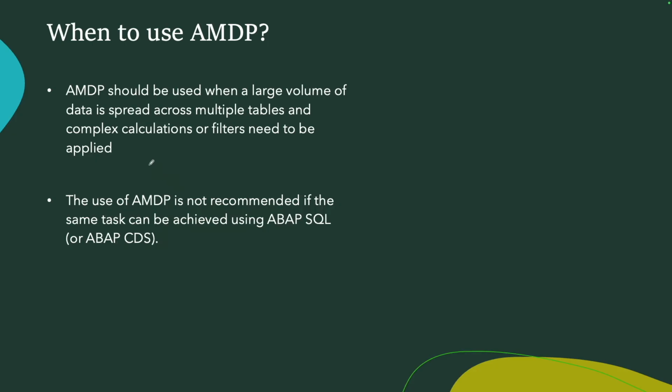So you should prefer ABAP SQL, then CDS. If you are not able to achieve the requirement with these two, then you should use AMDP. These things are from the official documentation.